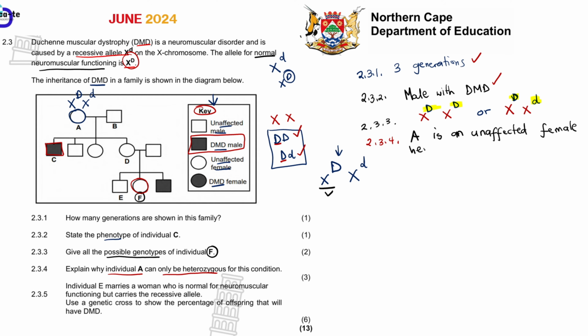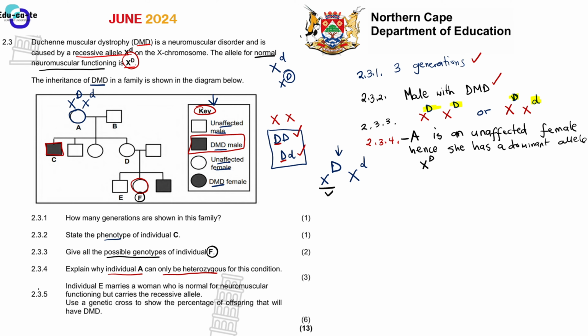Hence, she has a dominant allele. You can just write X with a capital letter D. Or you can say that she is a normal female, she's unaffected.